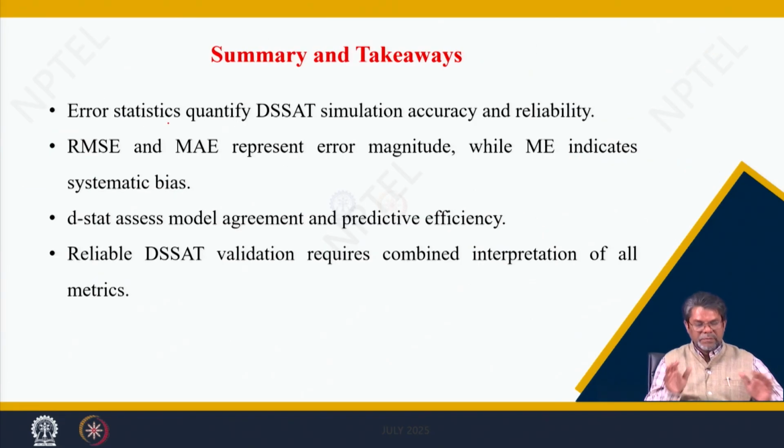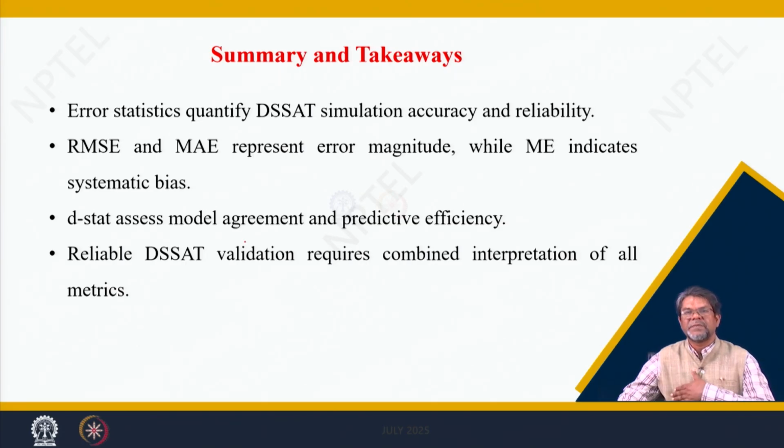From this you can say these error statistics quantify DSSAT simulation accuracy and reliability. The root mean square error and the mean absolute error represent the error magnitude, while mean error indicates the systematic bias in the model. The d statistic assesses the model agreement and the predictive efficiency.